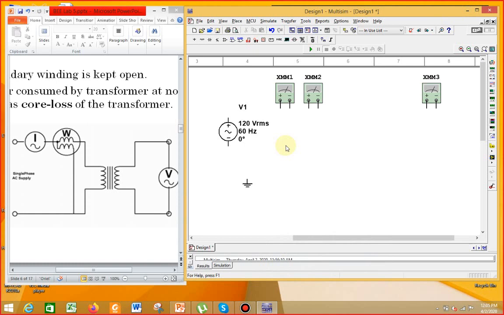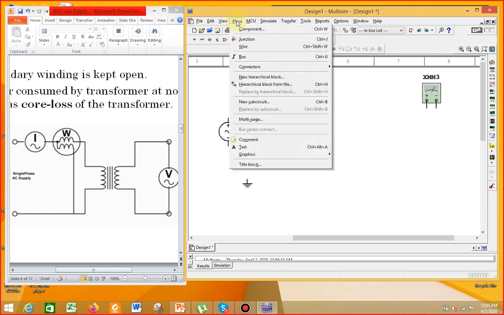Okay, so coming back to our multisim diagram. What I have done here, I have placed a power source, 3 multimeters, and a ground. Next, I need a transformer.